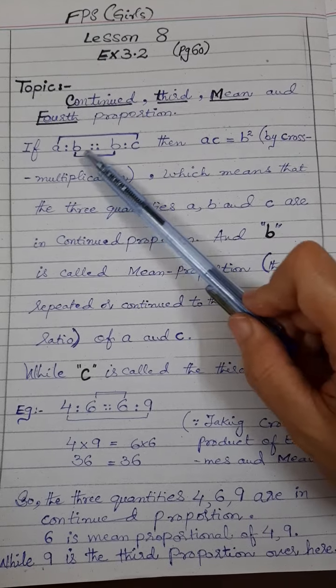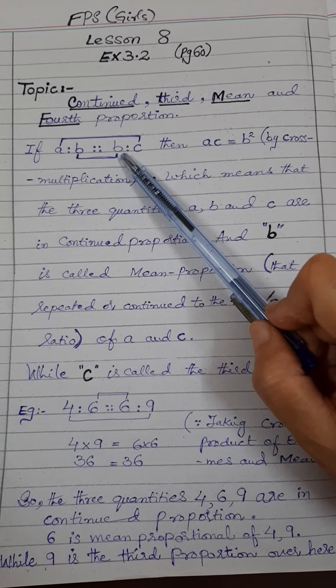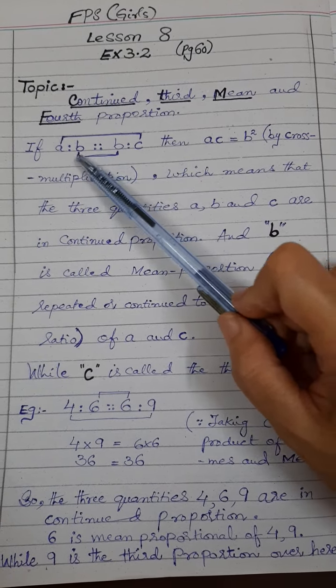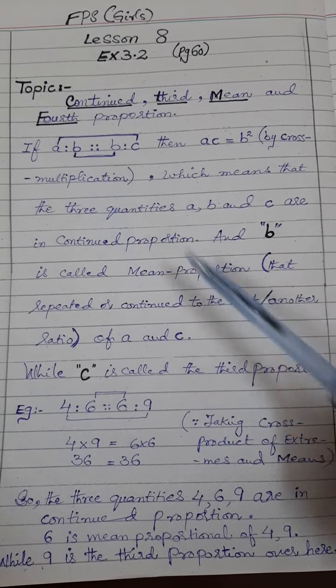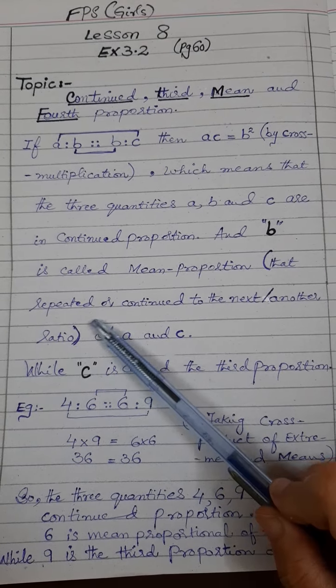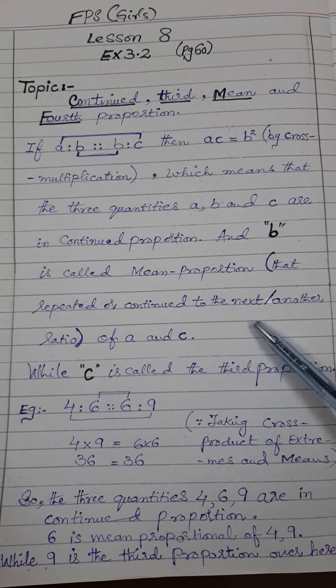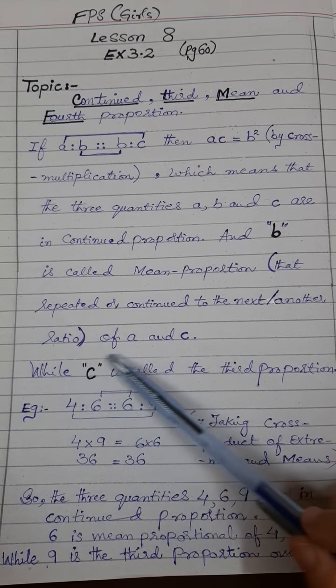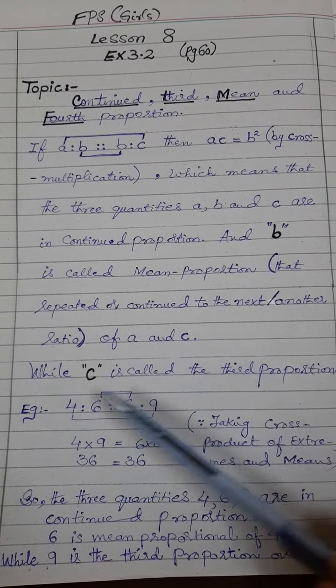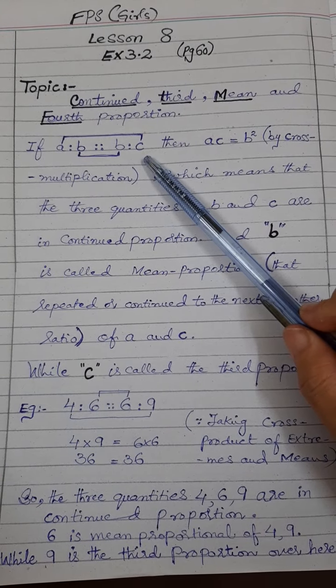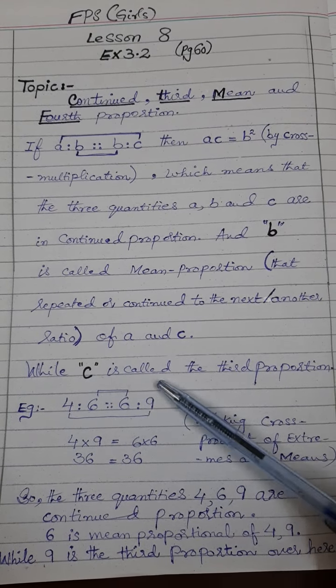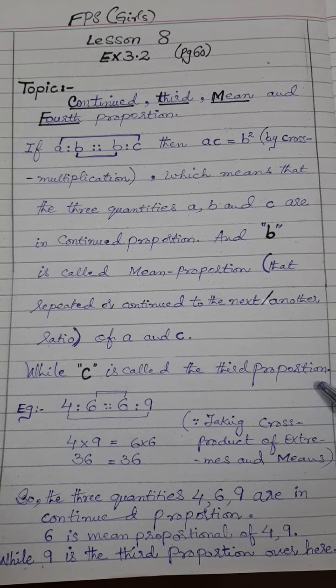Means the second and the third quantity in the proportion is repeated, and that is B. It is also called the mean proportion since it is repeated or continued to the next ratio of B and C. While C, you see that in the proportion, C stands for the third proportion.